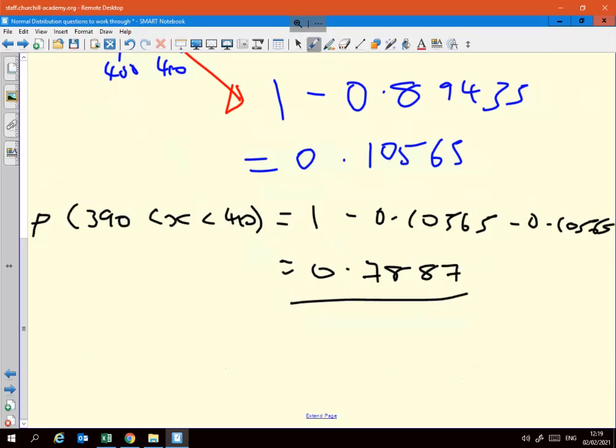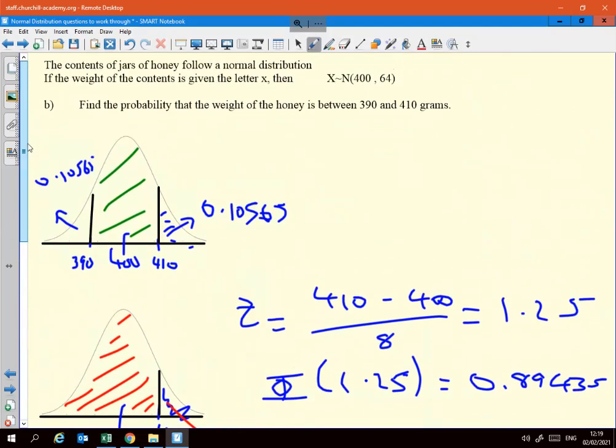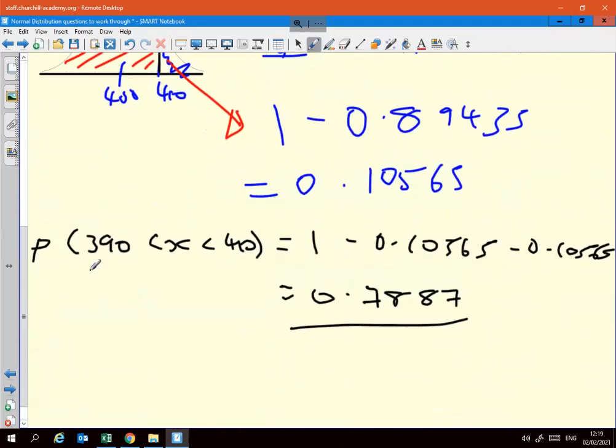And that's that done. That's the green bit in that original one. So that's the chance, the probability, 0.7887. Now, we haven't been asked to, but if you did get asked to give us a percentage, then you just times by 100, it'd be 78.87%.